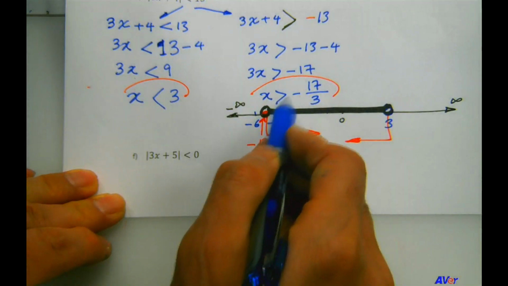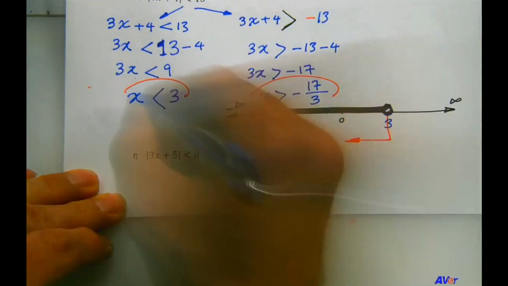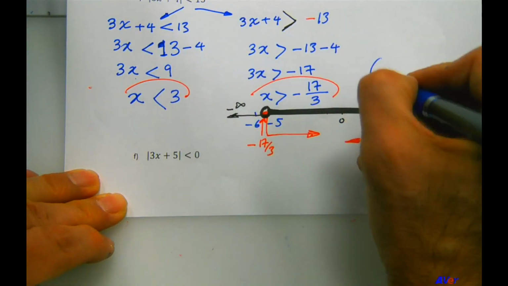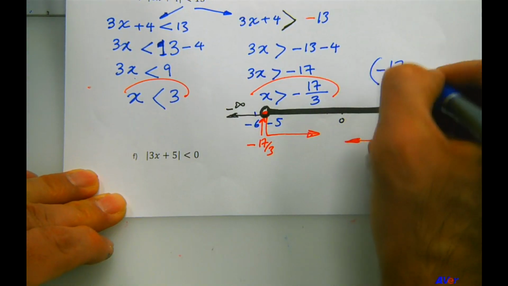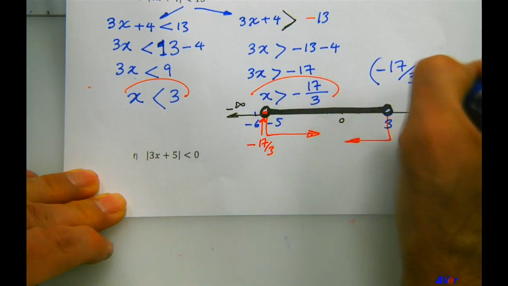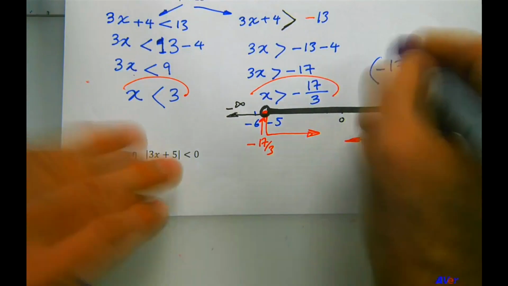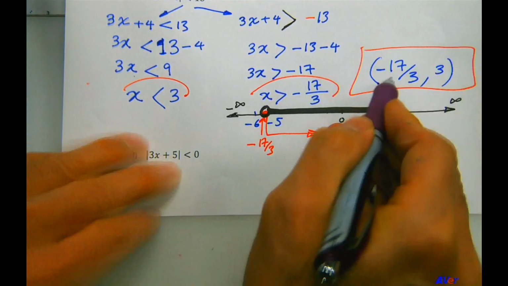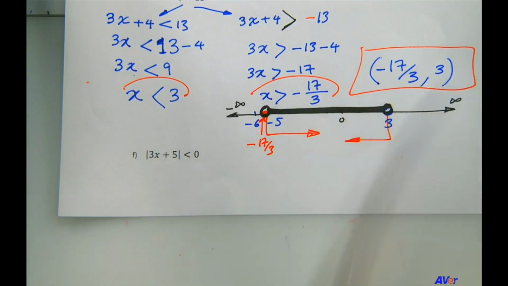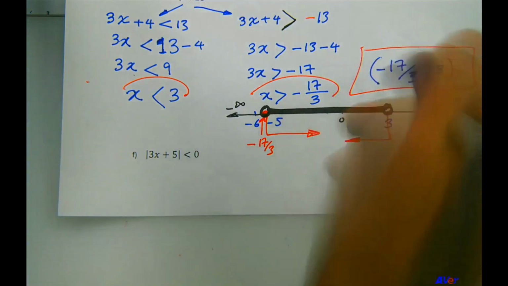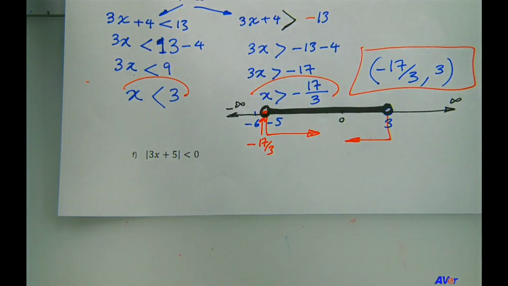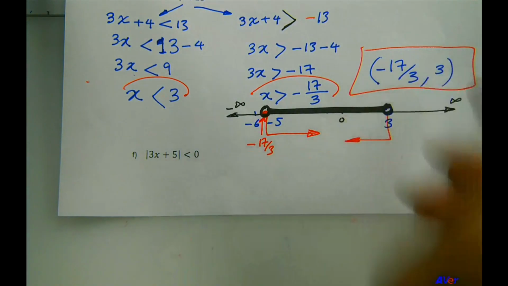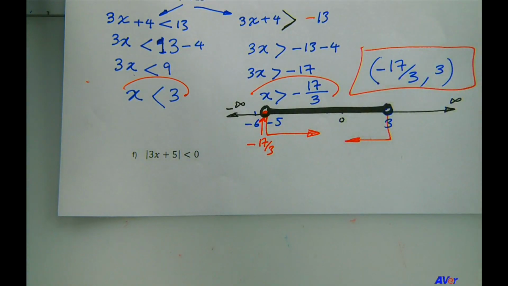There's no equality symbol under these two symbols. So we have parenthesis, negative 17 over 3, comma, 3, close parenthesis. The smaller number always comes first, the negative number, then comma, the positive number.